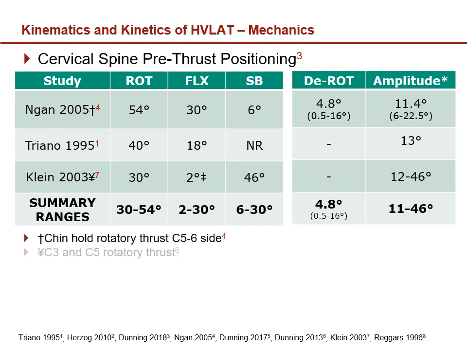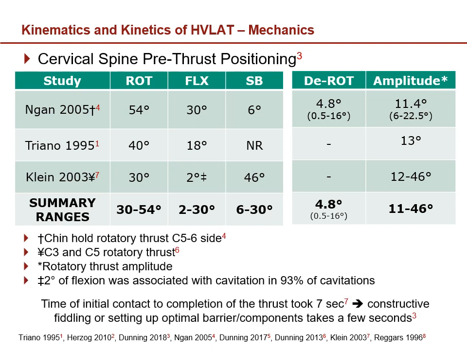Okay. A bit of a full slide here, but we'll step through it together. You're seeing the different studies that have considered the pre-thrust positioning for the cervical spine. I want to focus your attention not so much on all the numbers, but rather on the summary ranges that are in bold on the bottom row.